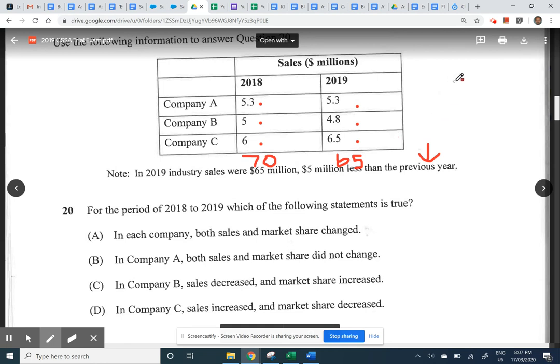But when we're looking at market share, which is what the question's asking us here, for market share, we need to convert into percentages. So if we're looking at the total market is this figure here.